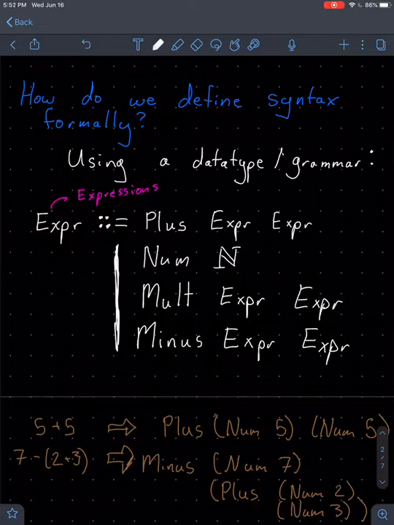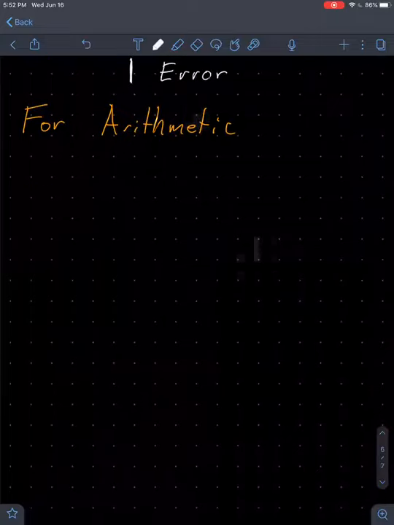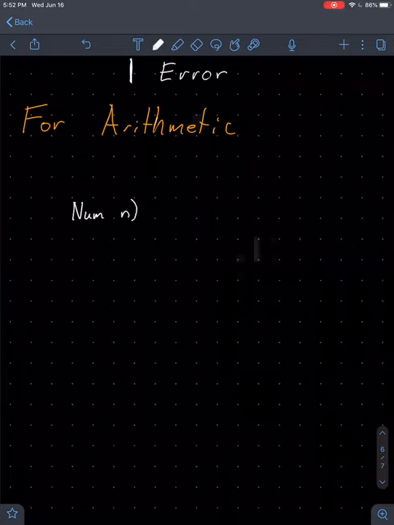So we want every expression we give to have some kind of value as an output, okay? So num n, if I get some number n, that evaluates to what? And I'm going to put a bar on top.